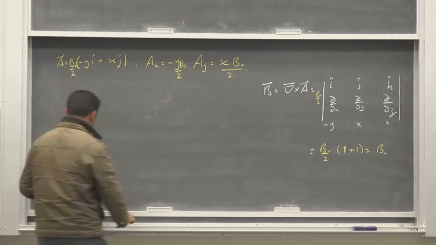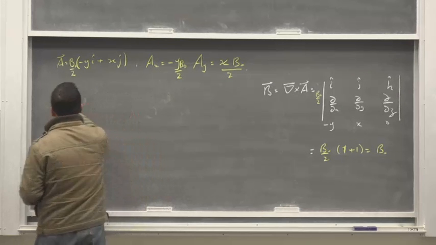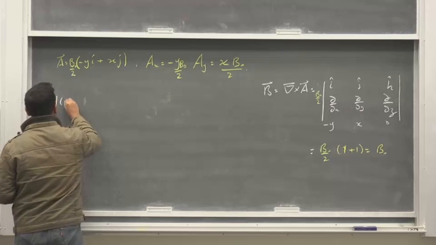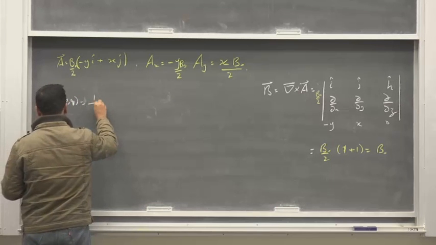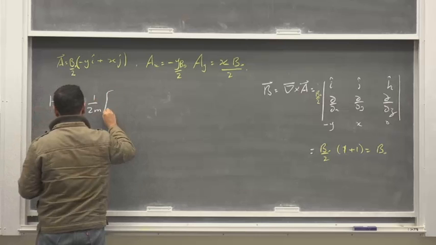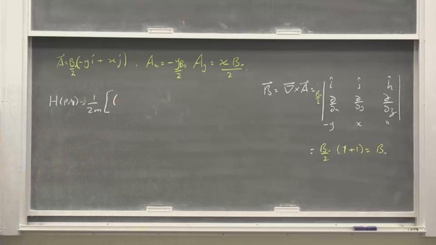So this is a good enough potential. And now I can write my Hamiltonian. What you need to do is shift the momenta by the potentials.